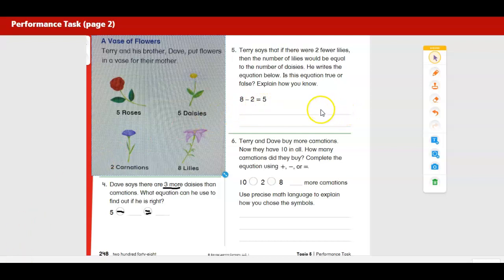So for number 5, you can write true or false. Is the equation 8 minus 2 equals 5? True or false? If this is right, write true. And if this is incorrect, write the word false.